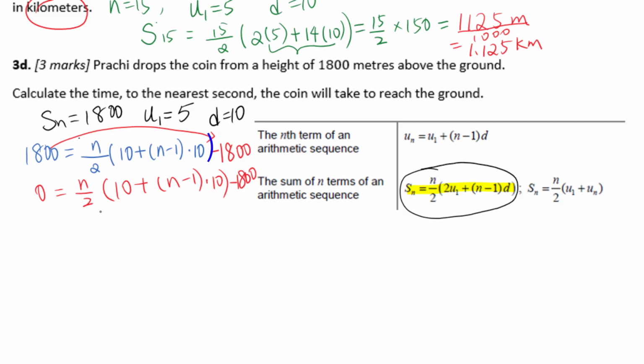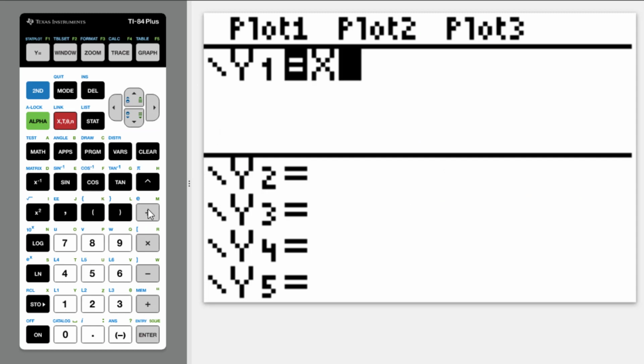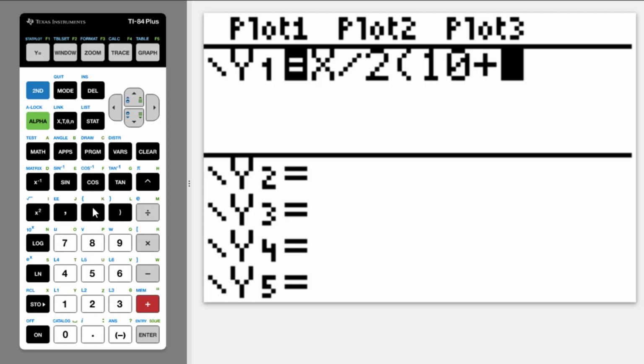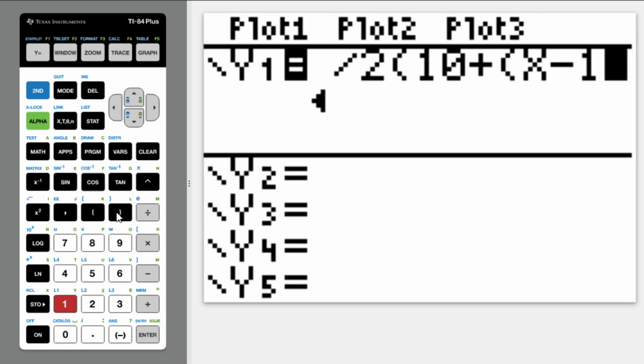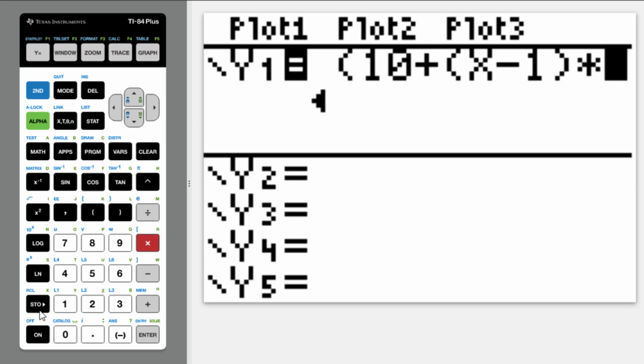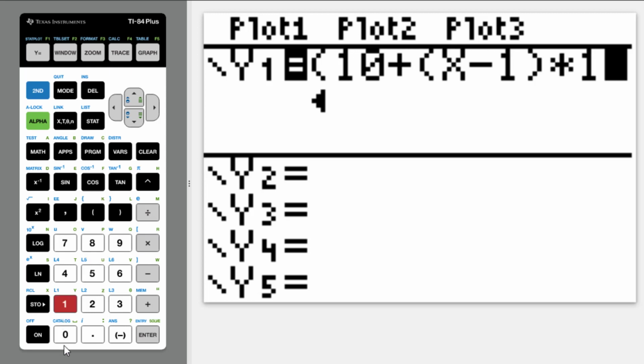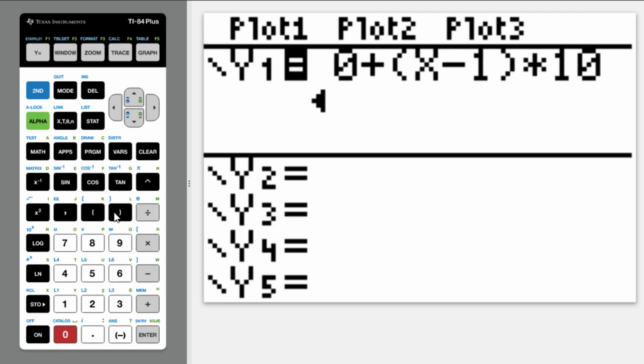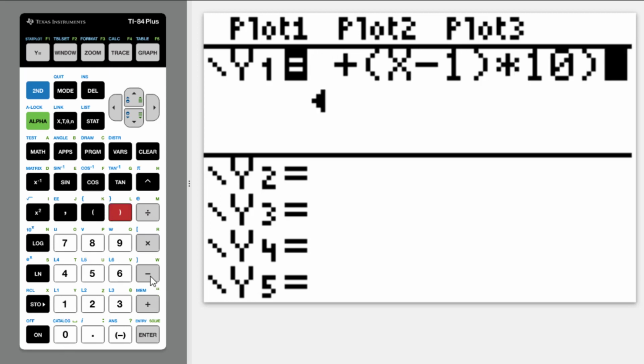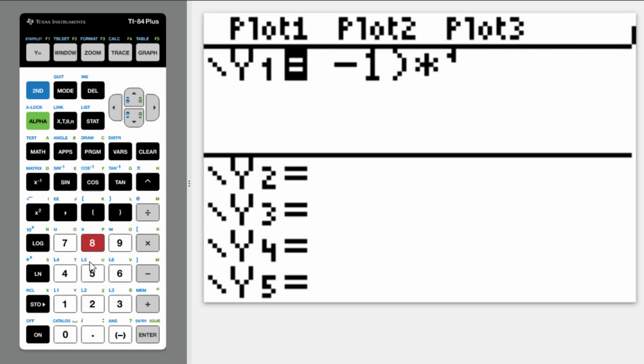We will put this into y1: x over 2 times, parentheses, 10 plus, parentheses, x minus 1, times 10, parentheses back, minus 1800.